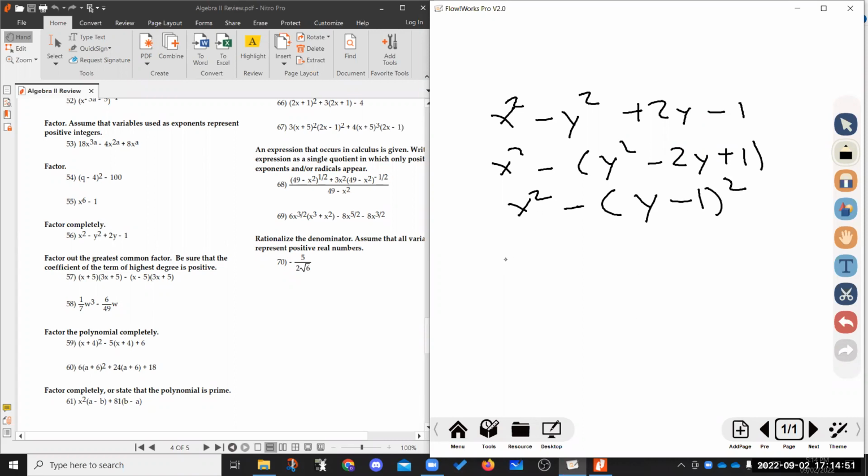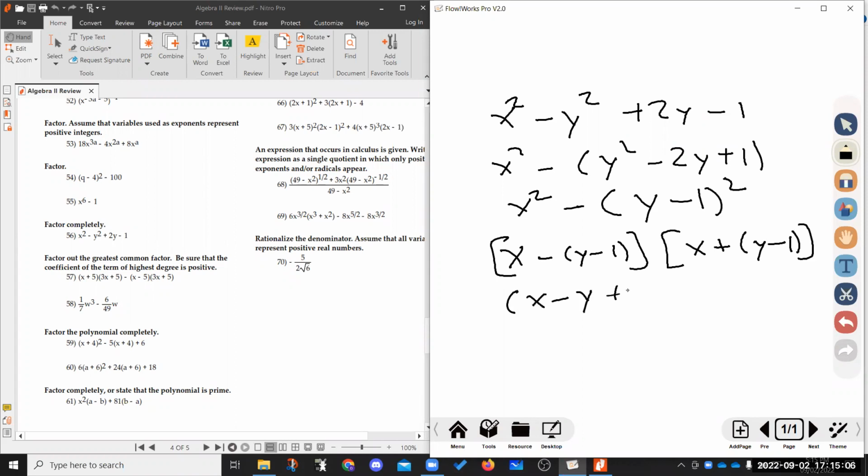So this is a difference of 2 squares: x minus y minus 1 times x plus y minus 1. That gives me x minus y plus 1, x plus y minus 1.